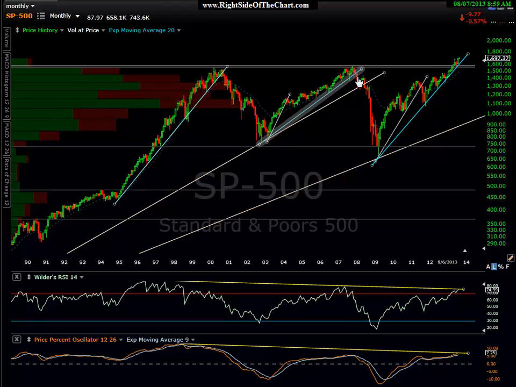And as you can see here, when those sub uptrend lines break, that's when you tend to see trouble, at least as defined by these blue lines, which are defining the last few cyclical bull markets. And this is the one that we're currently above now as we break out to new highs. So let's see where we go from there. And this would be a key uptrend line to keep an eye on.